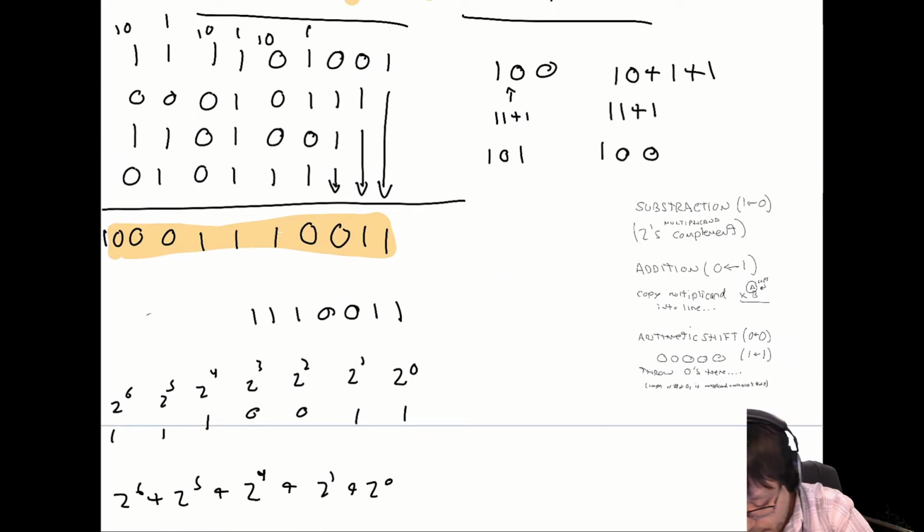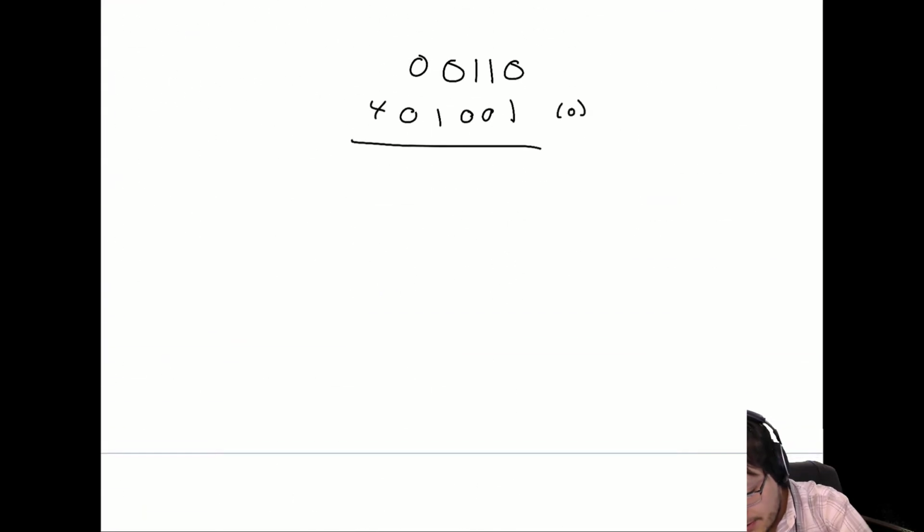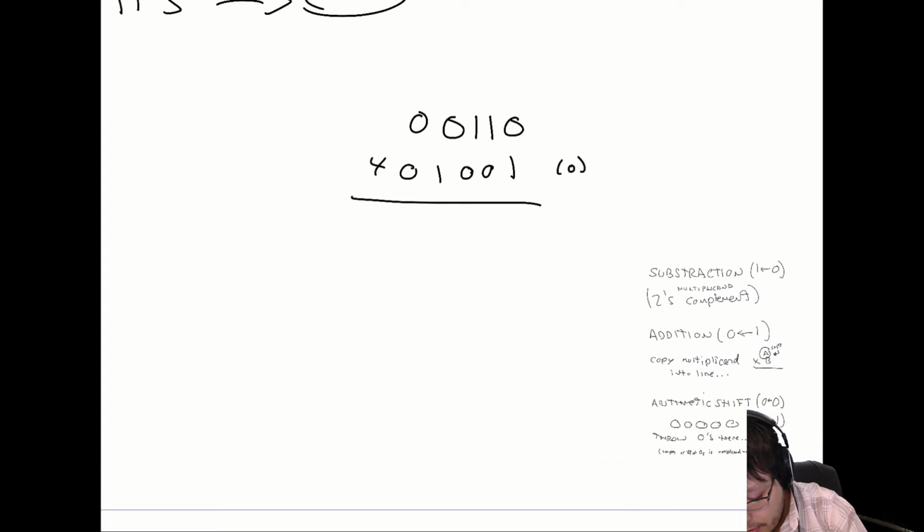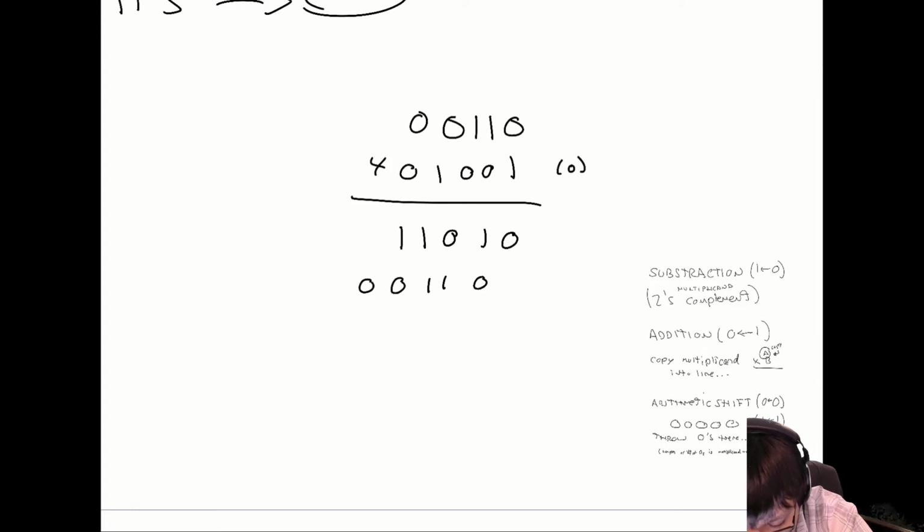Let's bring our little chart down. 1 to 0 is a subtraction, so let's take 2's complement. So 1, 1, 0, 0, 1. But then when we do the add, it becomes 1, 0 here. And then from 1 to 0 is going to be to copy the multiplicand. So that is going to be 1, 1, 0, 0, 0.